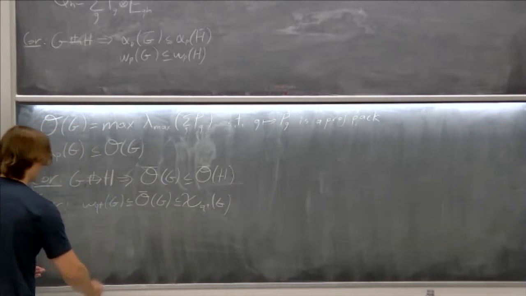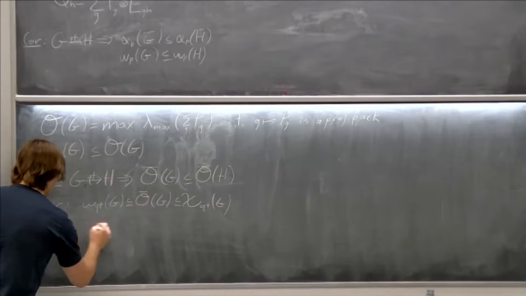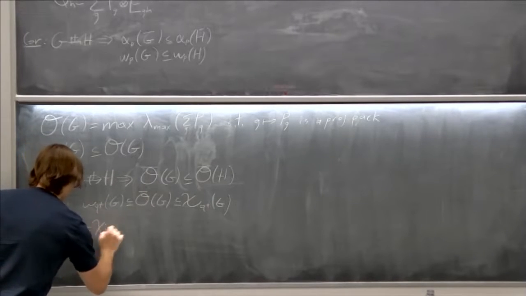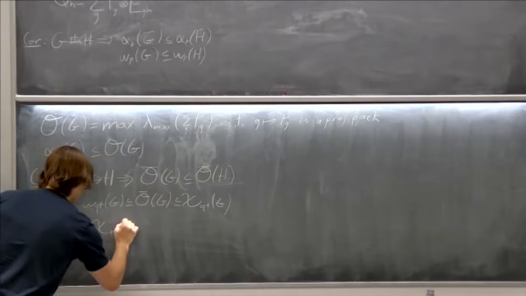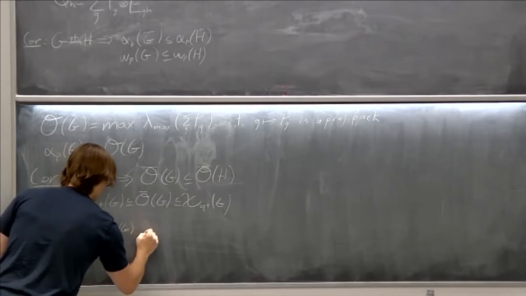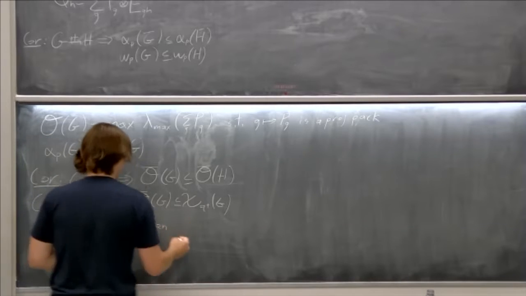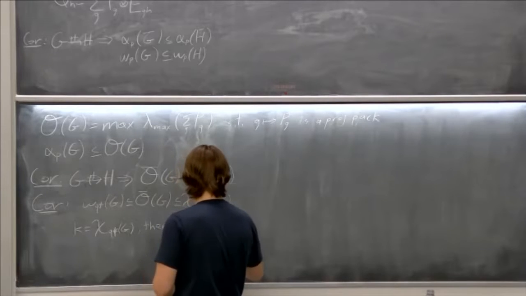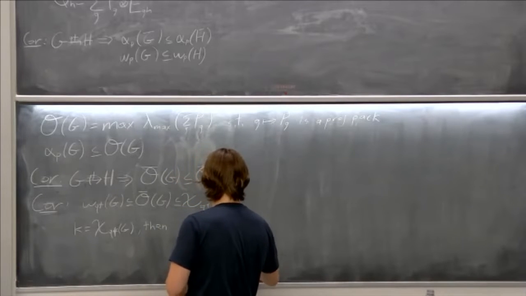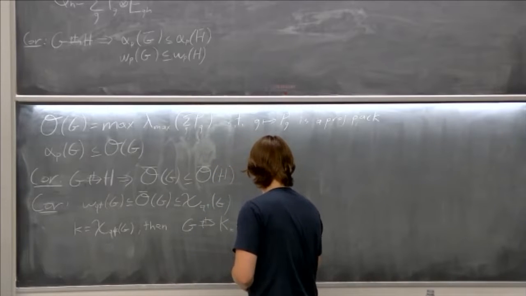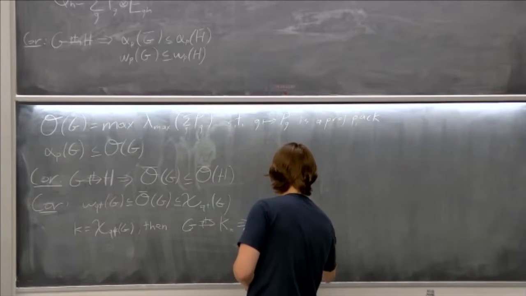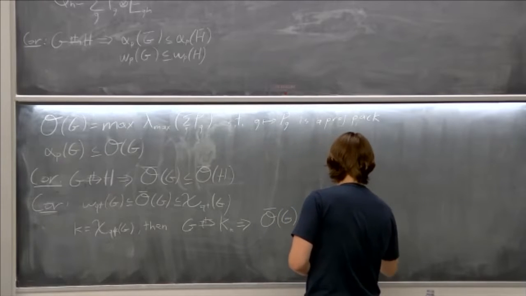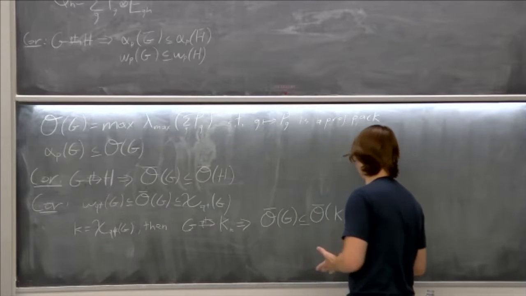And the way this works is that, well, let's just do the quantum chromatic number one. So let's say that k is equal to the quantum chromatic number of G. So then what do we get? We get that G has a quantum homomorphism to K_k, which implies that theta bar of G is less than or equal to theta bar of K_k, which is known to be equal to k.